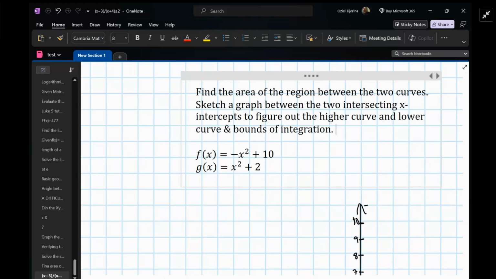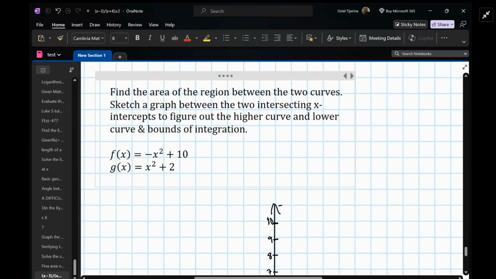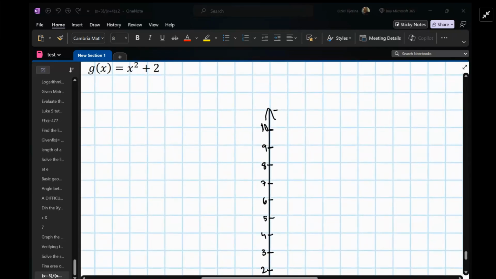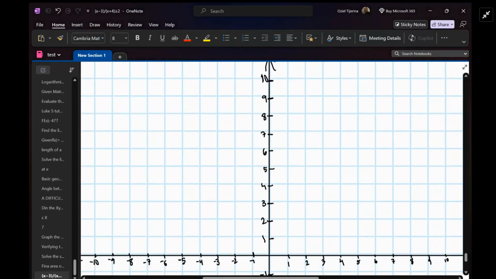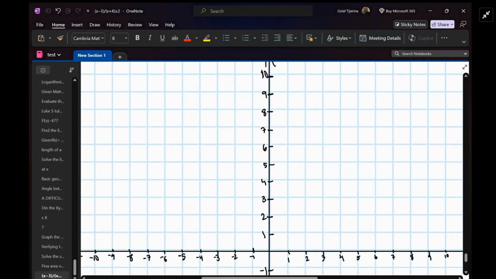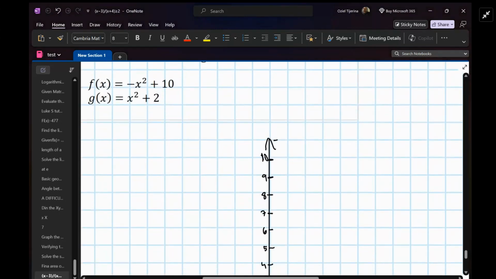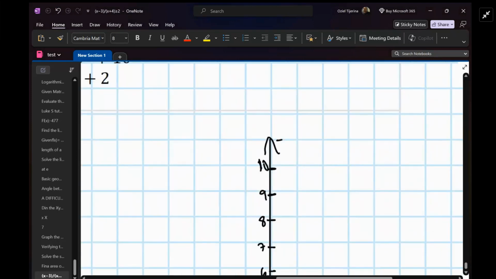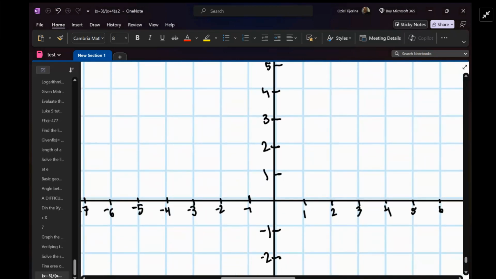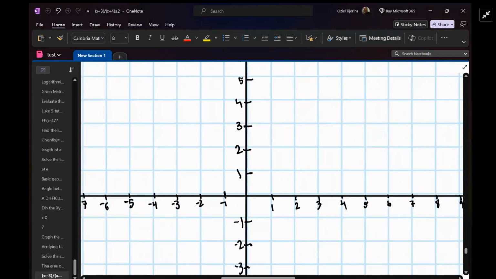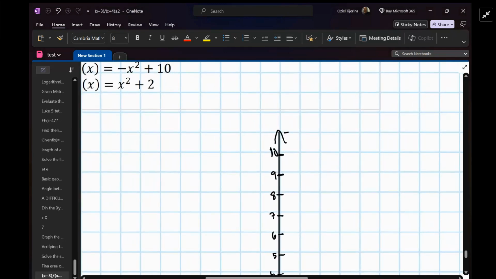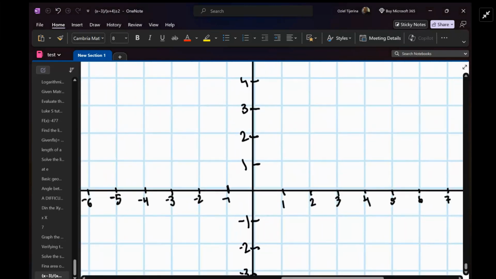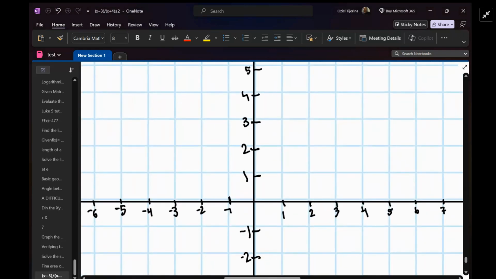Here, obviously, the higher function would be f of x, but we just want to make sure that we figure out, again, because it's not the same for every one of these. So we want to have the practice of actually sketching the curves and then figuring out the bounds of integration and do the area between the curves.